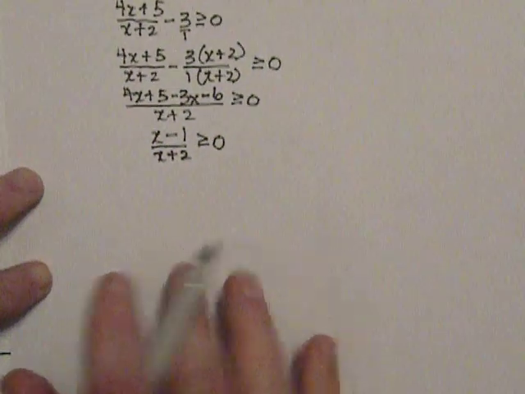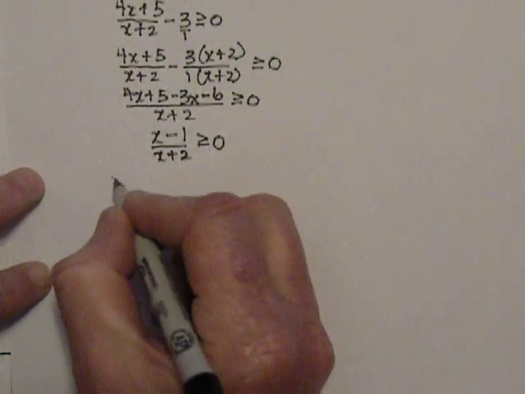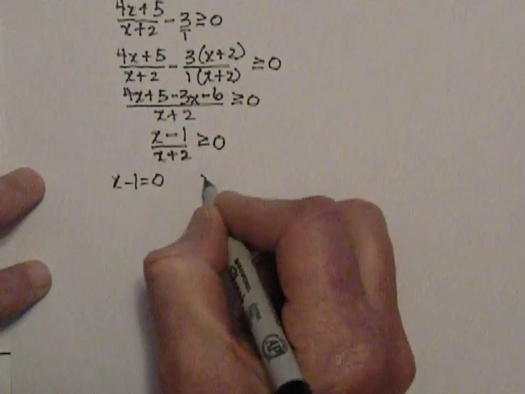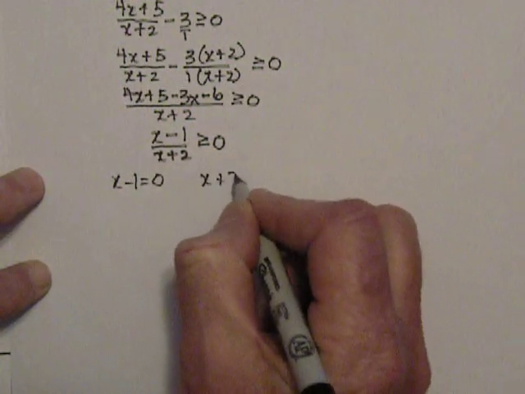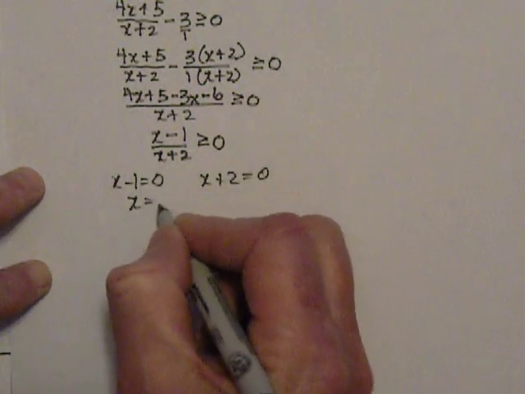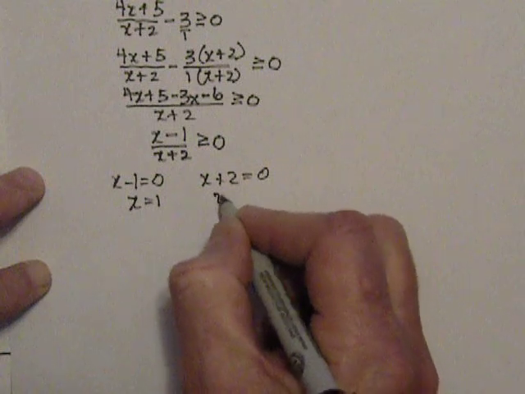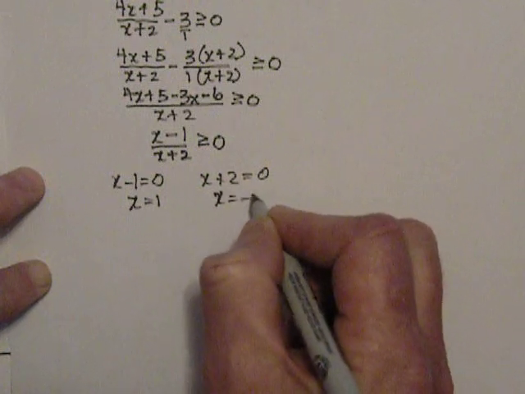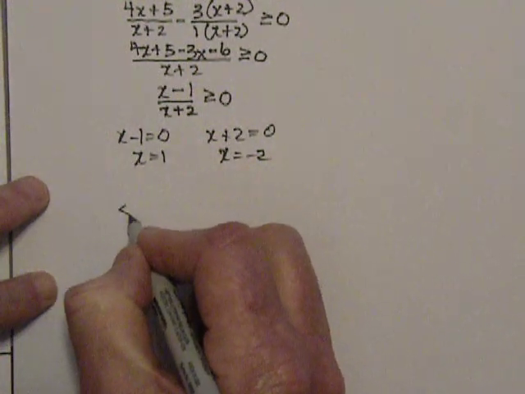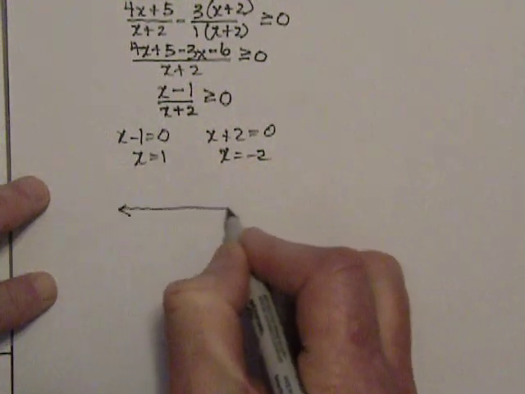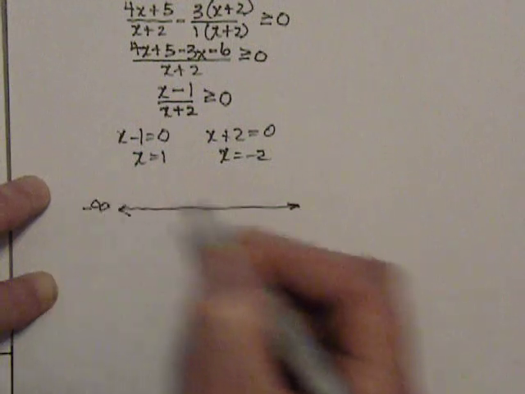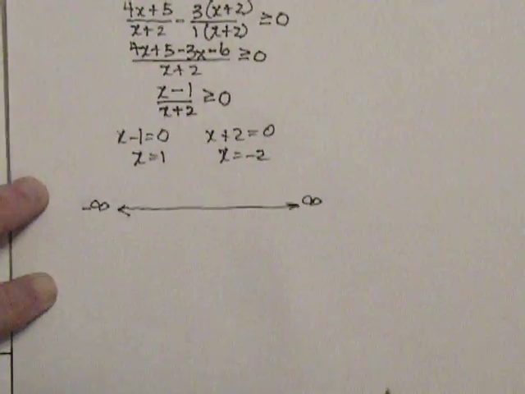So, as we said, x minus 1 equals 0, x plus 2 equals 0. So, x equals 1, x equals negative 2. So I'm going to do as before. I'm going to draw my x-axis, because those x's represent solutions from negative infinity to infinity, of course.